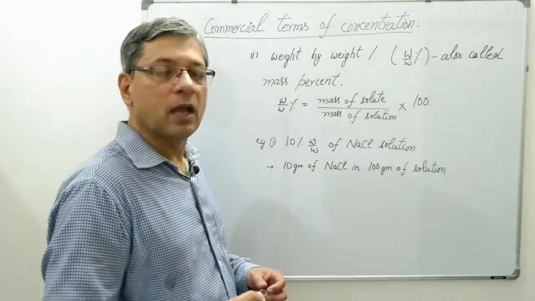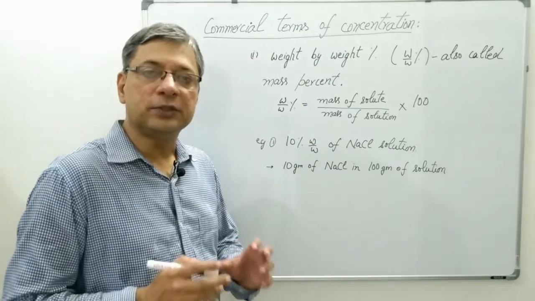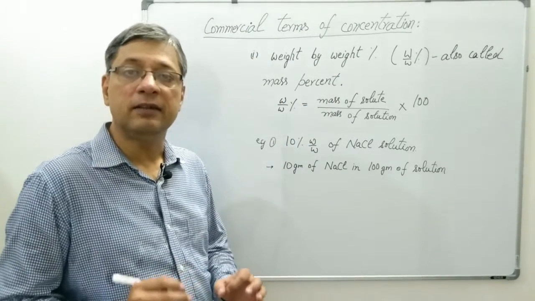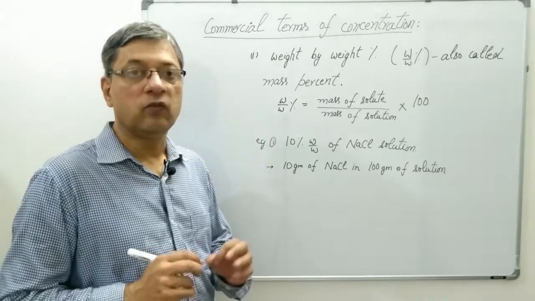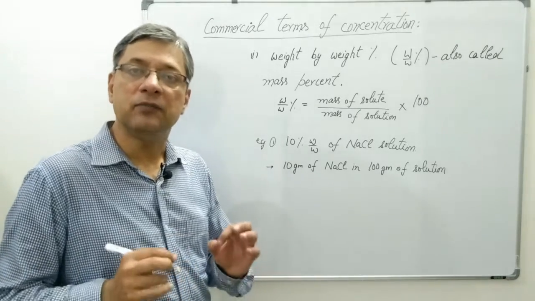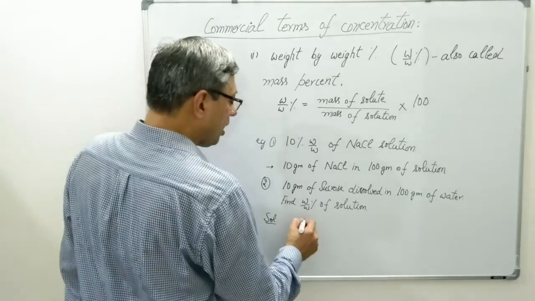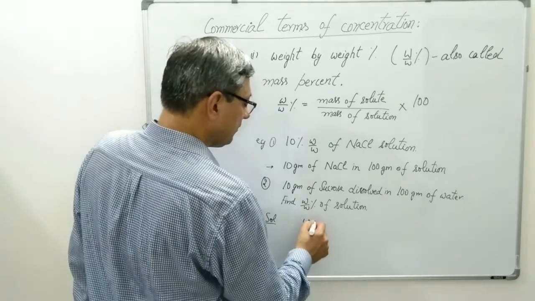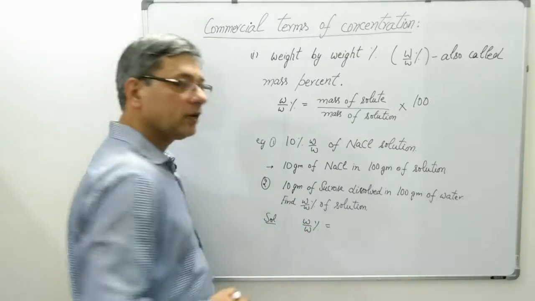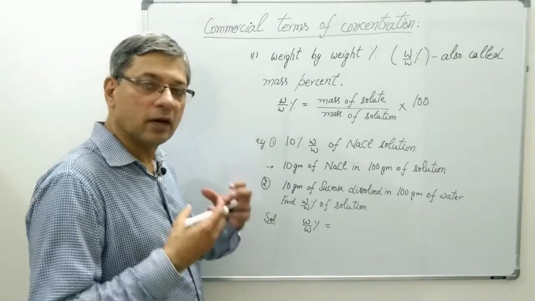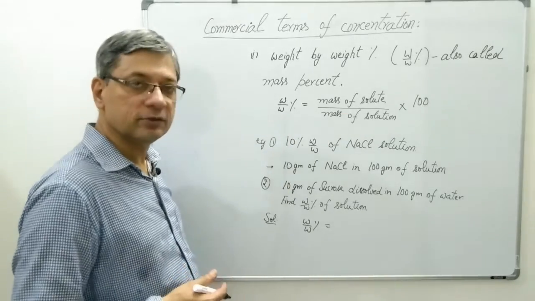Another question: 10 grams of sugar dissolved in 100 grams of water. Find weight by weight percentage. We know the formula of weight by weight percentage is equal to mass of solute upon mass of solution into 100.